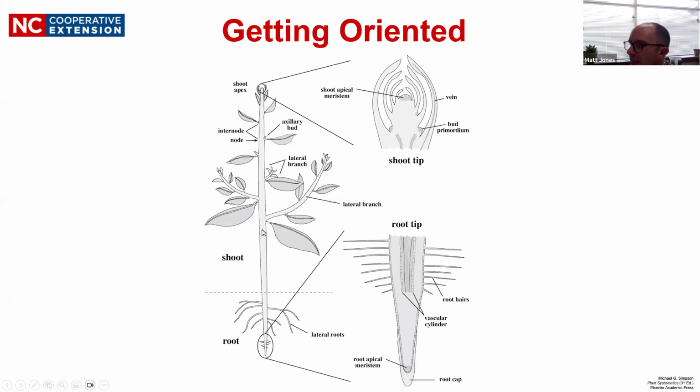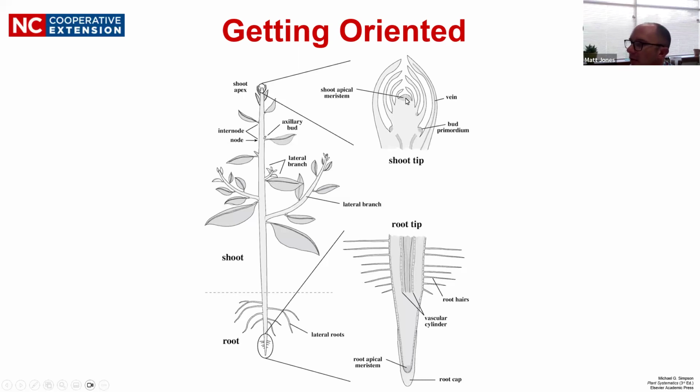The internal anatomy of the stem and root are quite different, which is interesting, but the root serves to anchor the plant in the soil, and as the secondary roots grow, they help draw in water and nutrients that are dissolved in that water. The shoot provides vertical support for the plant above ground, and the tip of the shoot grows from the shoot apex, and the tip of the root grows from the root apical meristem.